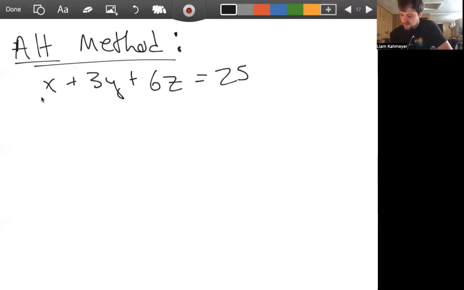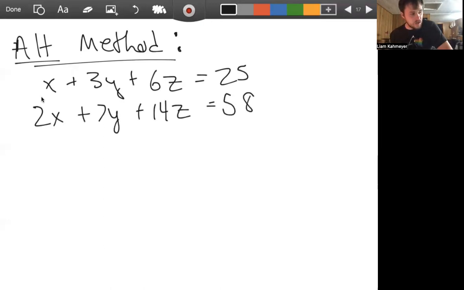So let's rewrite our system here. equals 58. And then we had 2y plus 5z equals 19.